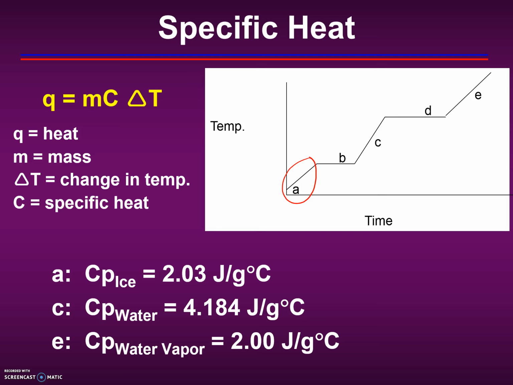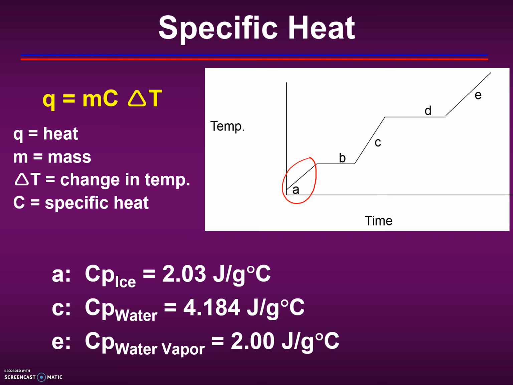So the heat capacity of ice, it takes 2 joules of energy to take 1 gram of ice and make it go up 1 degree Celsius. Like I mentioned, water has a fairly high heat capacity because of it being polar. So it takes 4 joules of energy to take 1 gram of water and make it go 1 degree Celsius.